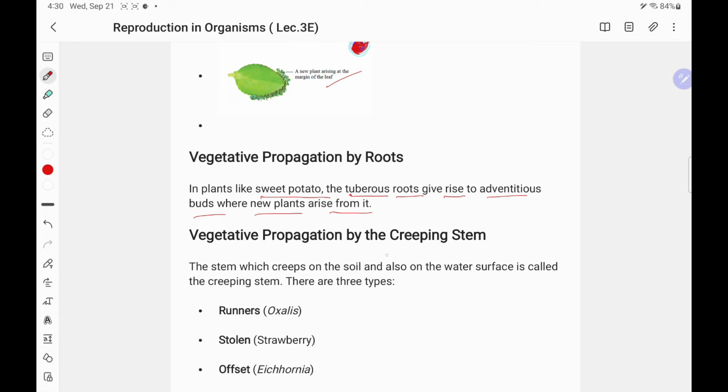Vegetative propagation by creeping stems: the stems which go through earth and soil. The stem which creeps on soil and also on the water surface is called creeping stem. There are types: runner, oxalis, stolon, strawberry, offset, eichhornia.